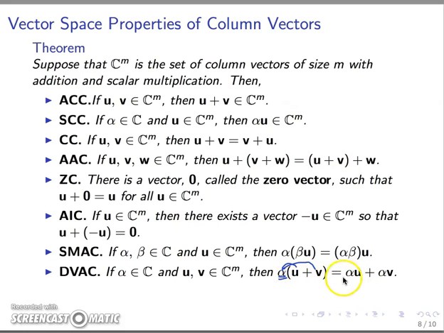Another way of thinking of this is the parentheses are around u plus v, so you could choose to do u plus v first, and that gives you a new vector, and now carry out the scalar multiplication with that new vector. If you compare that to doing the scalar multiplication alpha u, the scalar multiplication alpha v, and then adding up those two vectors, you will find that they match. The latter matches the former.